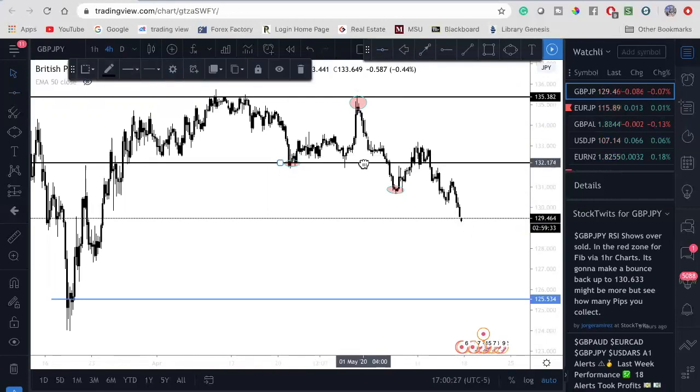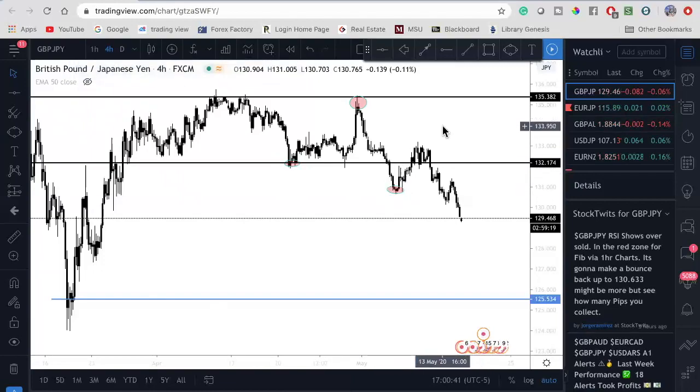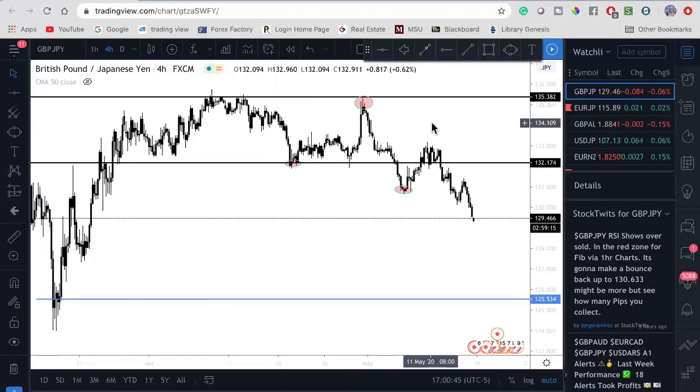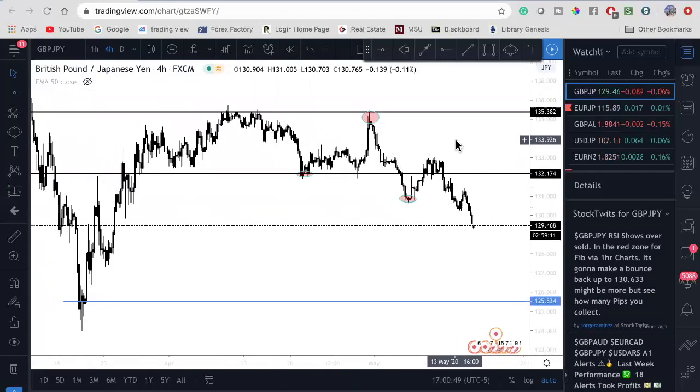So if we went right here, bam, bam, this could fake out a lot of people, obviously, right? So it looks like it's going back in the zone, a close back in the zone, but what a lot of people don't realize is market structure was broken, okay? So market structure is always going to beat that simple, quote unquote, break and retest that a lot of people like to trade.